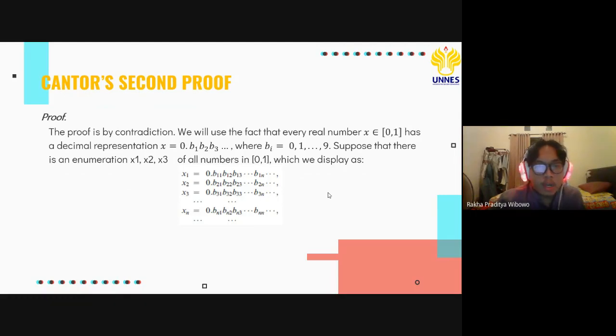Suppose that there is an enumeration x1, x2, x3, and so on of all numbers in the closed interval 0 to 1, which we display as x1 equals 0.b11, b12, b13, up to b1n, and so on. x2 is 0.b21, b22, b23, up to b2n, and so on, and continuing until xn, called 0.bn1, bn2, bn3, up to bnn, and so on, and it still continues.